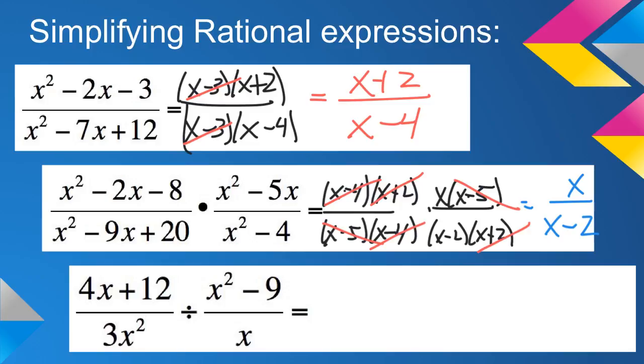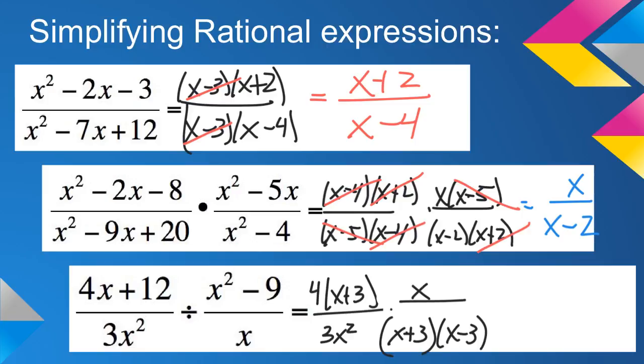For your final example, now you are dividing. Again, we don't want to divide fractions. You want to multiply by the reciprocal as you do your factoring. I'll do both of those steps in one here. You can see that I have factored the 4 out, so you get 4 times x plus 3, nothing to do in the denominator, but I'm changing the division to multiplication as I flip this fraction. So x on top divided by x plus 3 times x minus 3.